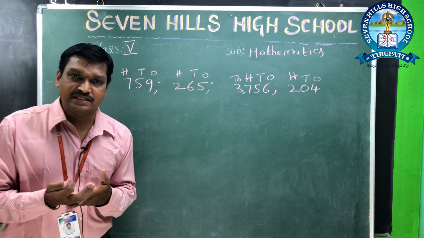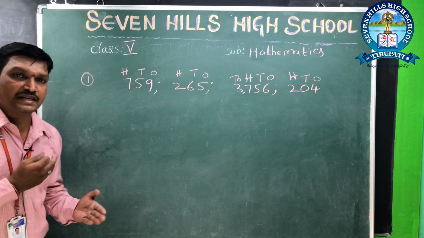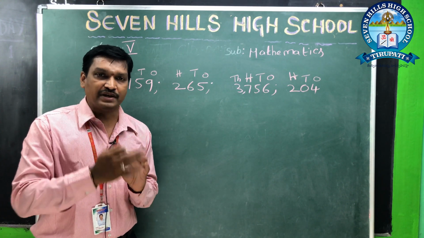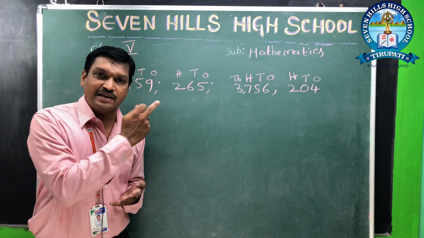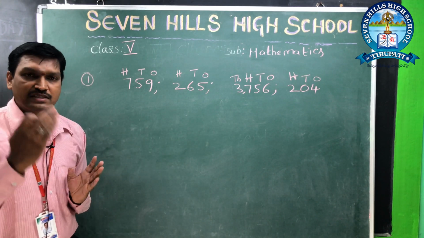So how do we arrange them in ascending order first? What is meant by ascending order? Ascending order means we arrange the given numbers from the smallest number to the biggest number.